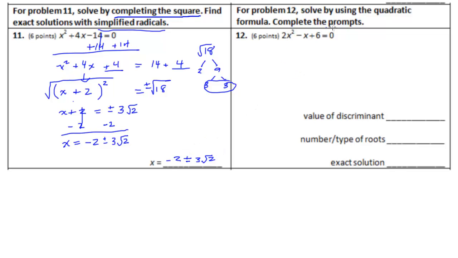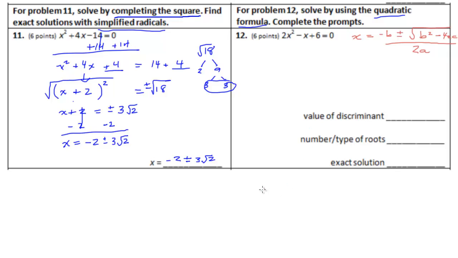Problem 12. Here we want to use the quadratic formula. Let's just write the quadratic formula is given by x equals the opposite of b plus or minus the square root of b squared minus 4ac, all over 2a.